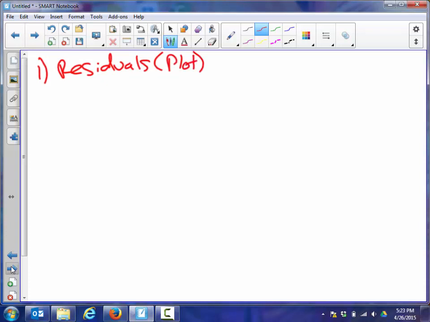First of all, you need to be looking at your residuals, and in particular, your residuals plot, which you can graph on your calculator. You first take LinReg of your lists, L1, L2, and it will calculate the residuals, and then you'll graph a scatter plot, your residuals plot.